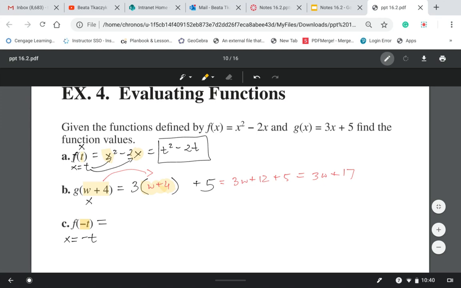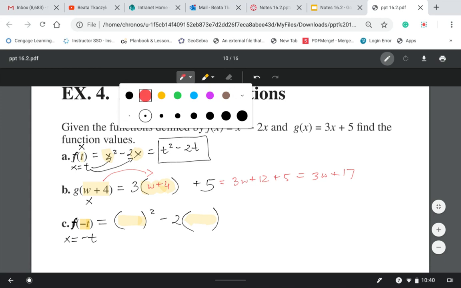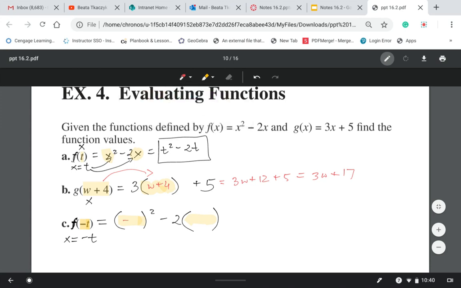So what I'm going to do, since you have f in front, that means we're going to work with function f. The equation of function f is x squared minus 2x. However, we need to replace x with negative t. So where we used to have an x, we plug in a negative t.